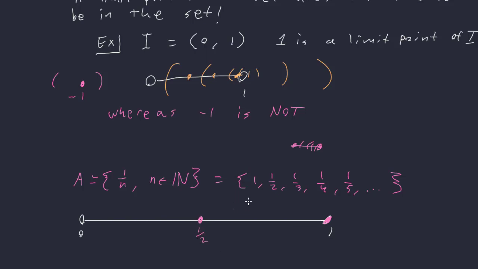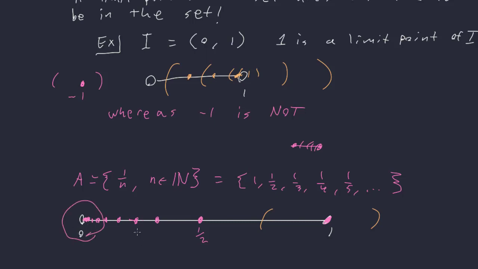Now, I can't say that 1 is a limit point, because any epsilon neighborhood around 1 that has a radius less than 1/2 is not going to intersect any other element of the set. However, the other elements of the set start getting closer and closer to 0.